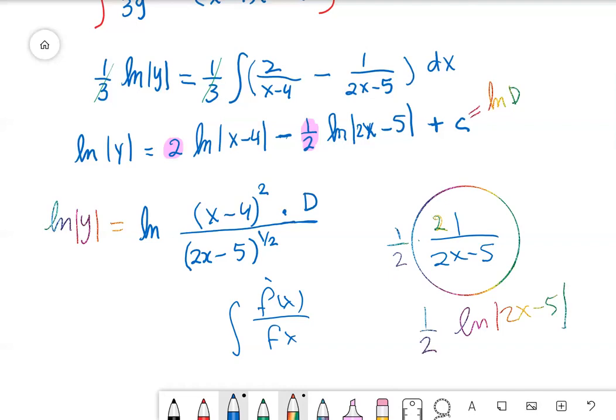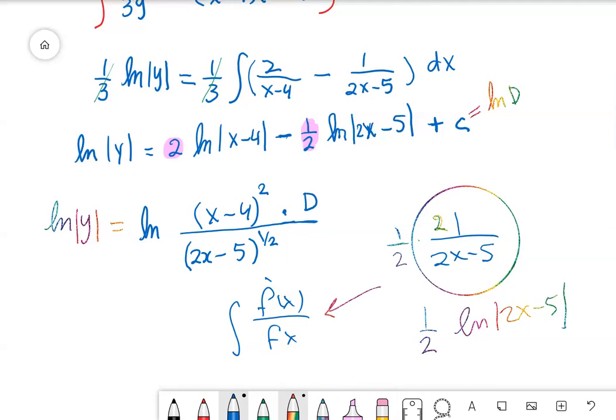I think I explained this a little bit wrong. At the top, I put another 2, which is wrong. So you can do it in 2 ways. Either to follow this formula, we need the derivative of the denominator, which in this case is 2. You can't just put 2, so we multiply by 2 and divide by 2, and that's how we got the 1/2.